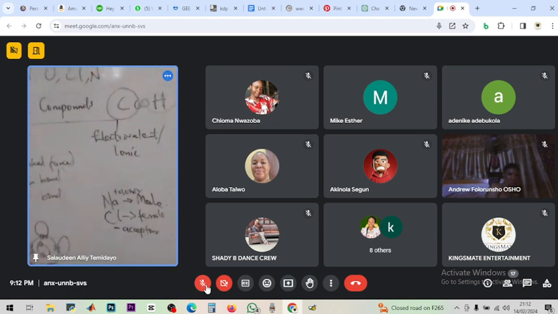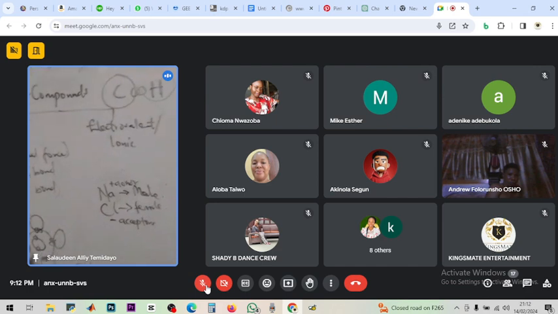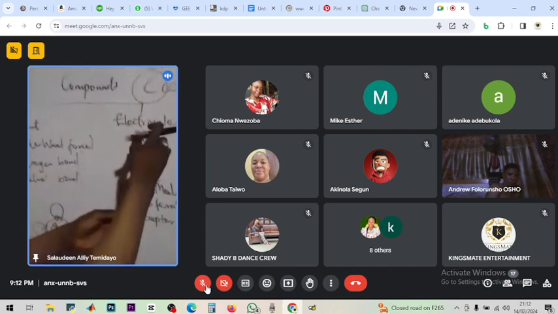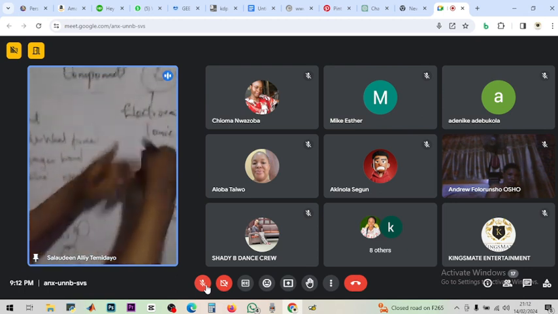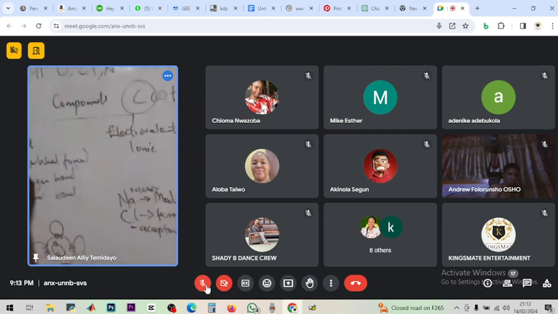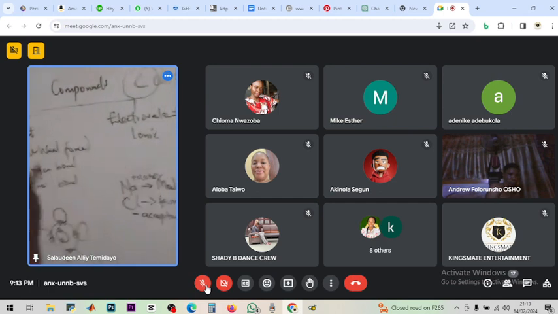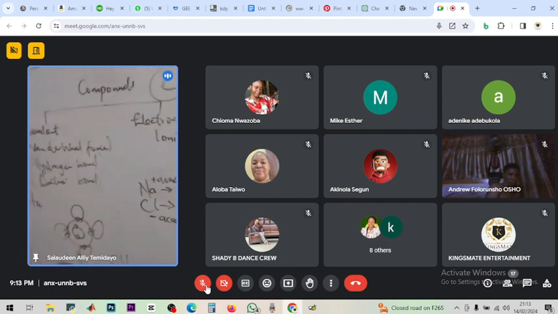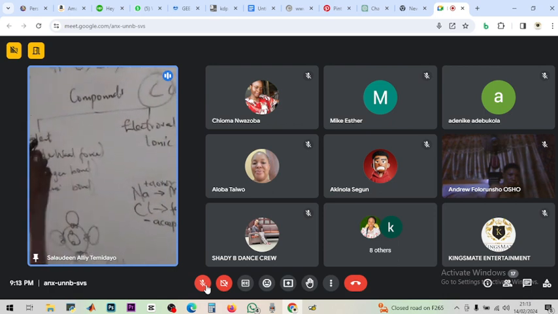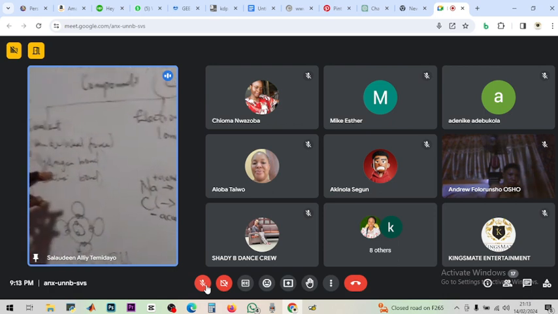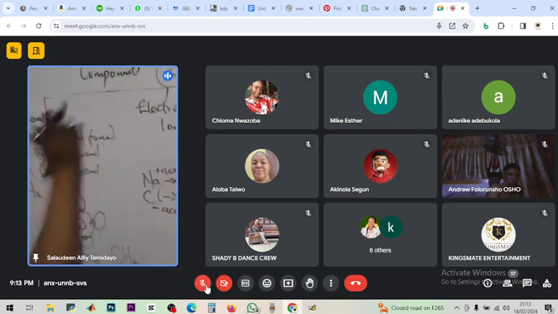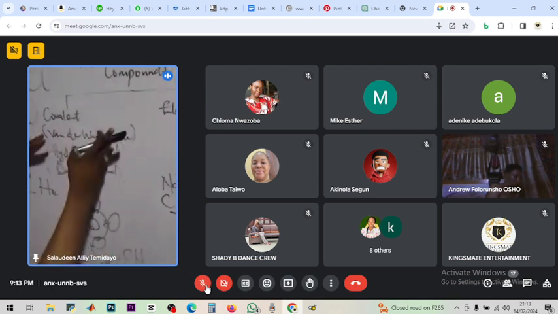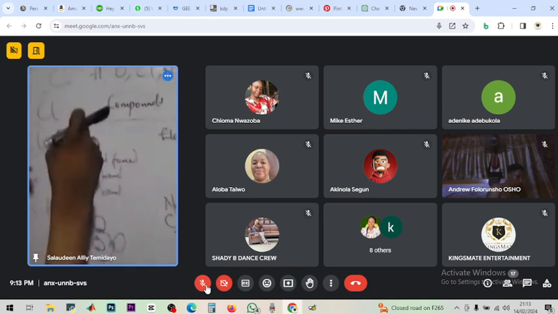So covalent, they share their own valence electrons. Electrovalent means they transfer their own electrons. Covalent means they share their own valence electrons, when they have things in common. So they share their electrons together, but this one, they transfer. So what we are concentrating on is a compound that is formed covalently, which is what? Organic compound.